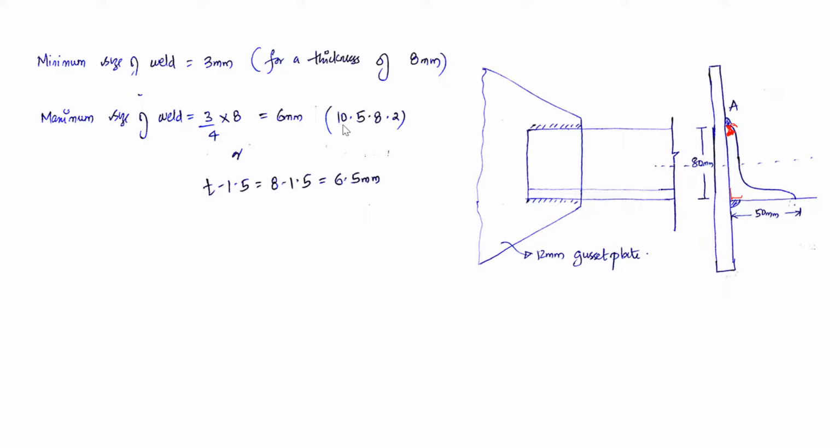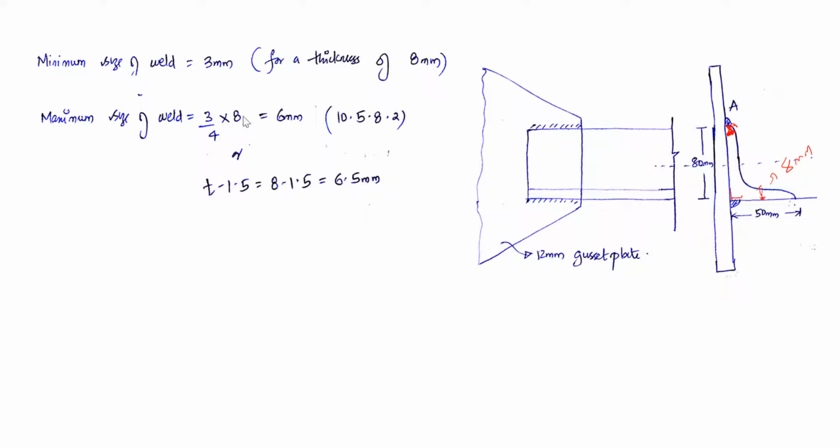It is given in clause number 10.5.8.2. Or if it is a 90 degree sharp edge, it is thickness of the member minus 1.5. Here the thickness of the member is 8 mm. So T minus 1.5, that is 8 minus 1.5, is 6 mm. We need to take the smaller of these.